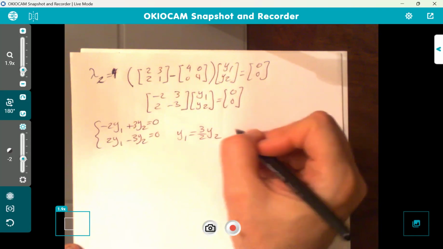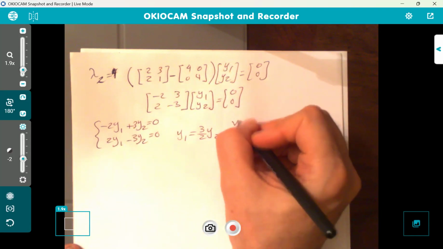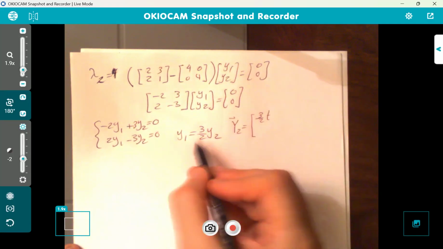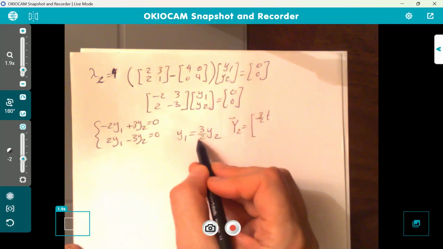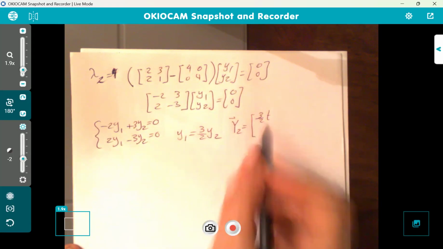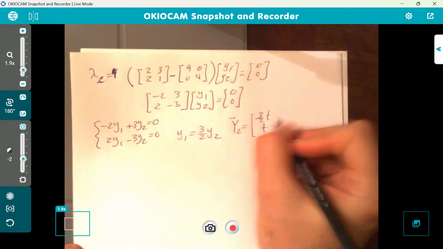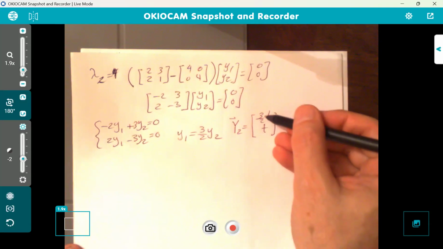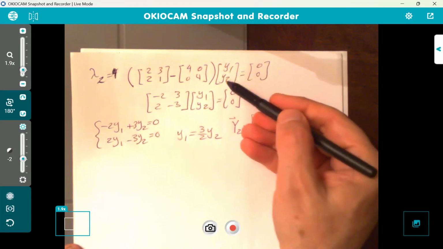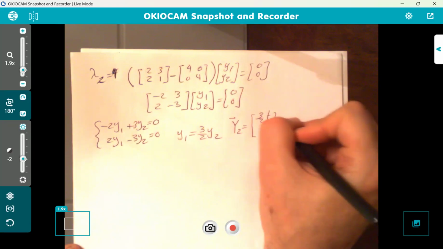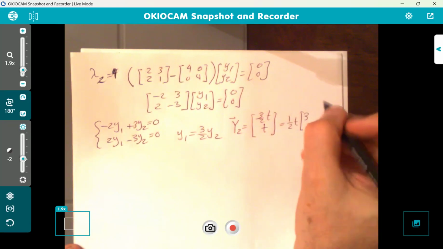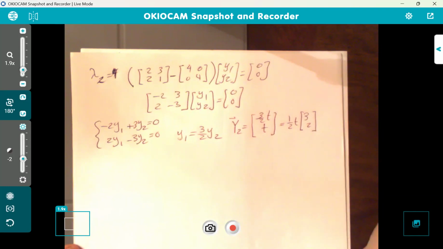So we're going to let y2 be our free variable, y2 is t, so y1 would be 3/2 t, and y2 itself was t. The order of the elements in this column vector is y1, y2, right up here. Okay, and then I can factor the half t out, and there you go. So this would be the eigenvector again.